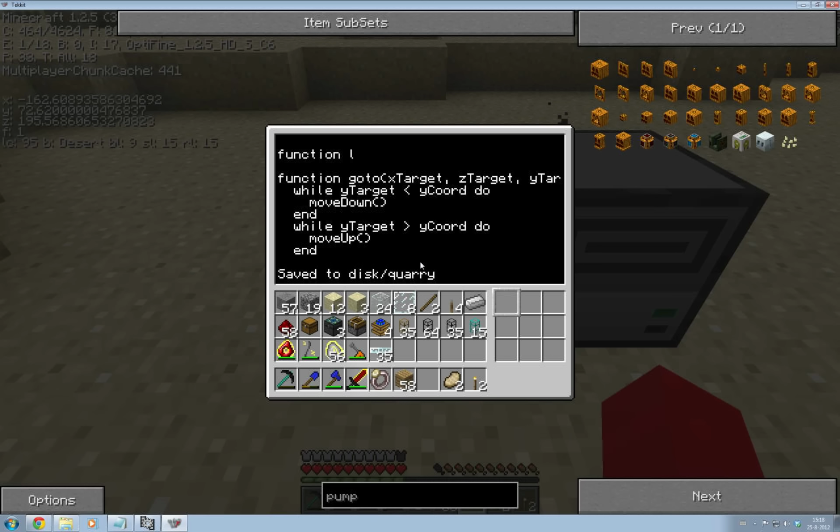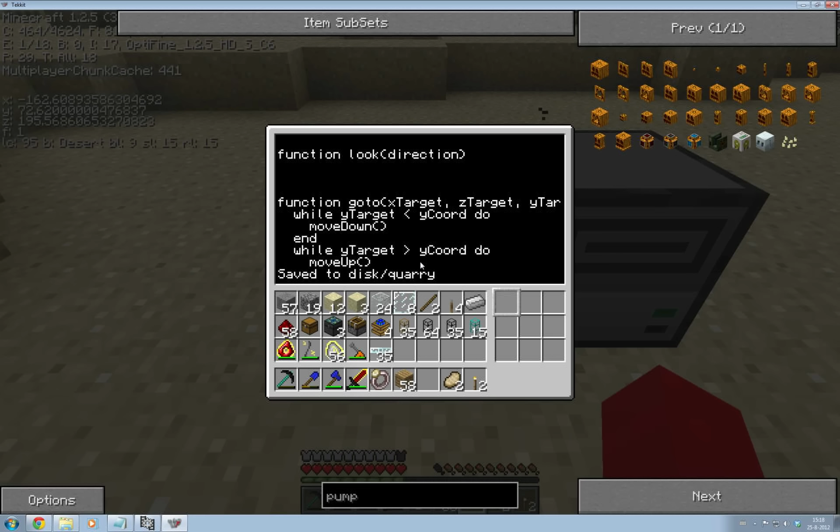So we're going to make the function look, and it's going to have a parameter that we're going to call direction. Right, so the very easy way to do this is to say while direction is not equal to, this not-equal symbol, this little squiggly thing.